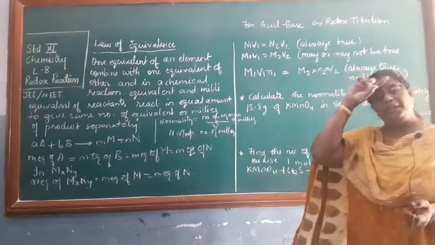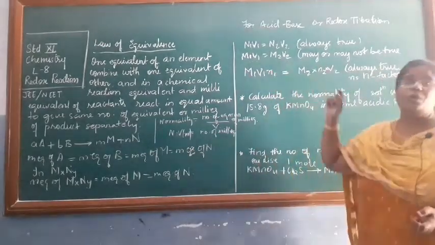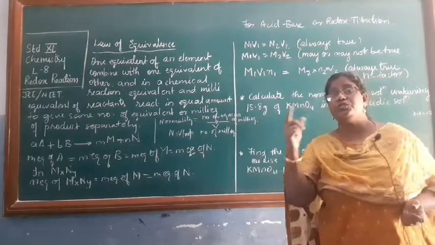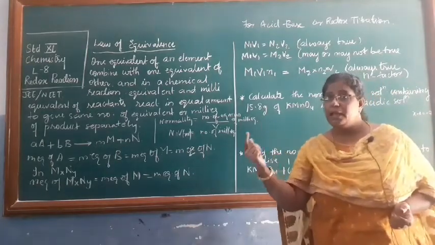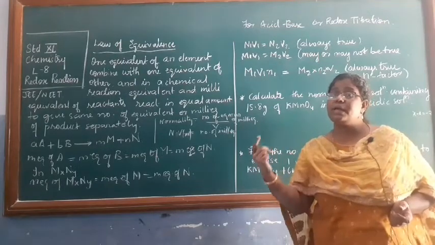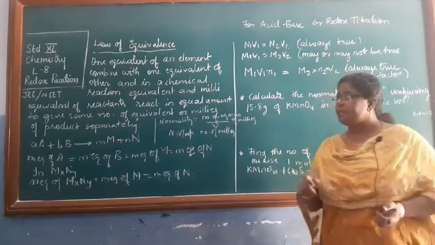Say for example, when NaOH is reacting with H2SO4, your M1V1 will not be equal to M2V2, because NaOH dissociates into Na+ and OH-, while H2SO4 dissociates into H+ and SO4 2-, where 2H+ will be released.